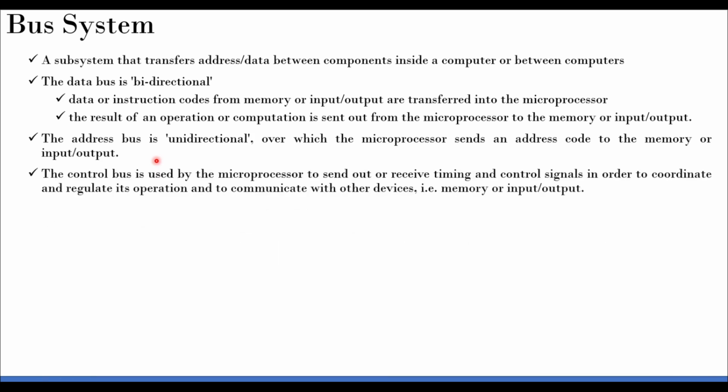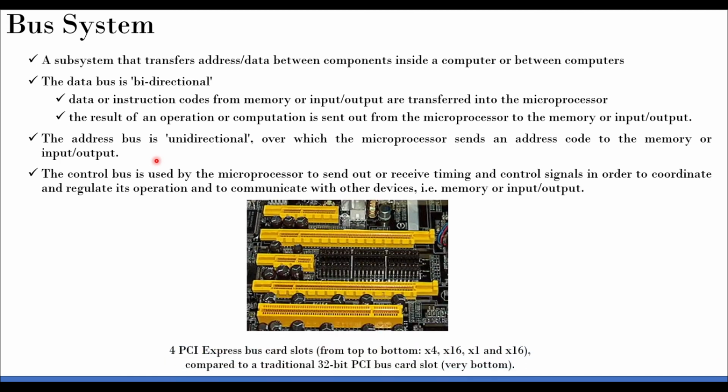And then of course, don't forget the control bus. It is also a bus. And how does a bus look? If you open up your desktop motherboard, you will see something like this. This is also a classical example of a bus, the PCI interface, but this is what we name a bus.